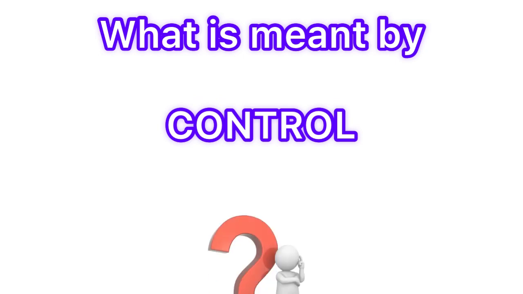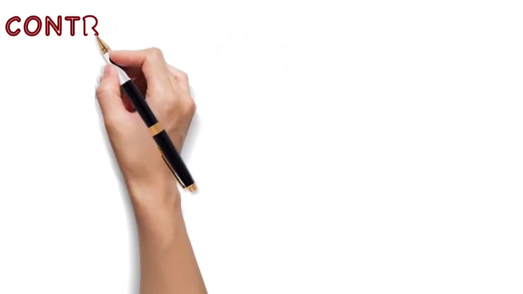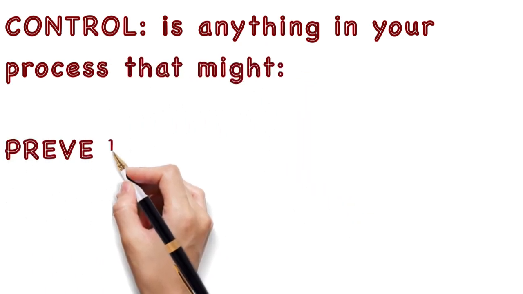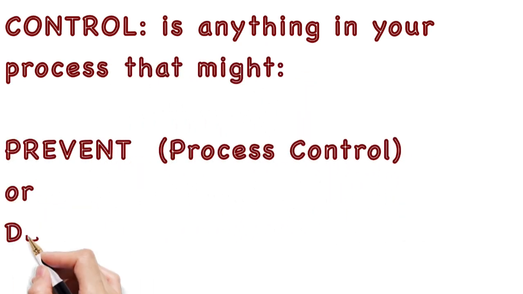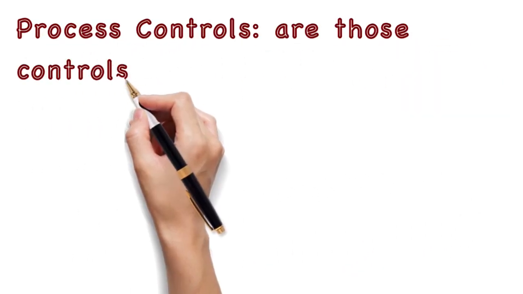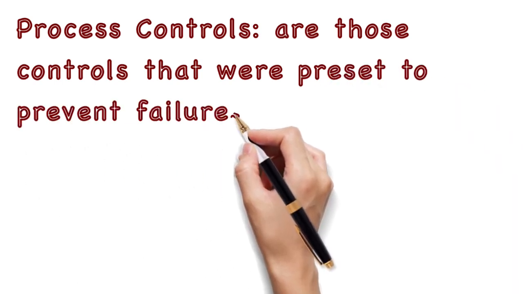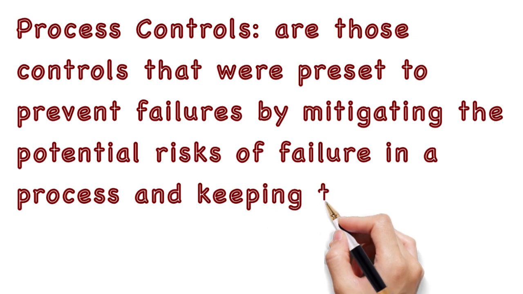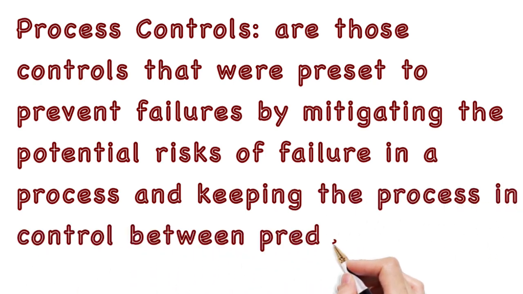Well, let us first then define what is meant by control. Control is anything in your process that might prevent or detect the failure. Now, these controls, as mentioned in Part 7, are either process controls or quality controls. So, process controls are those controls that were preset to prevent failures by mitigating the potential risks of failure in a process and keeping the process in control between the predefined limits as much as possible.